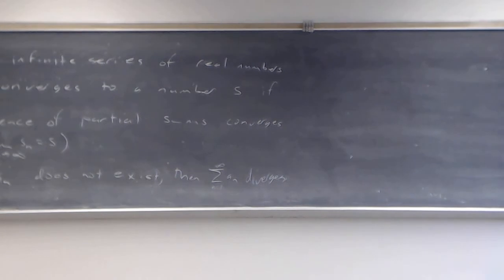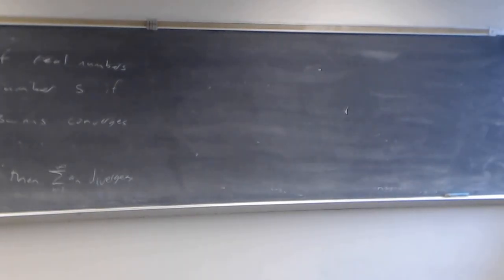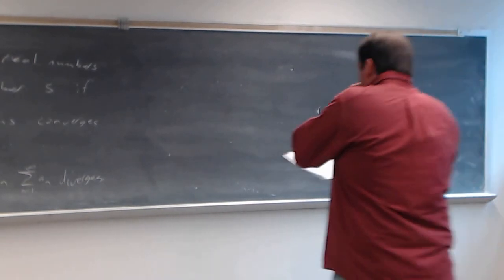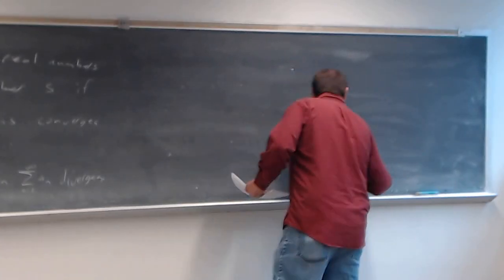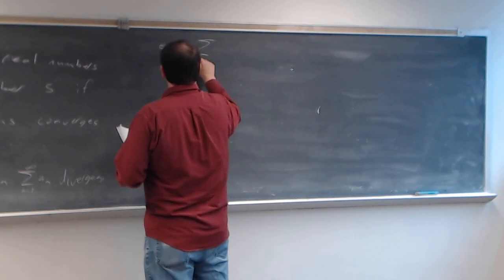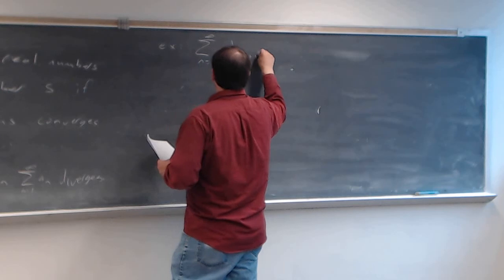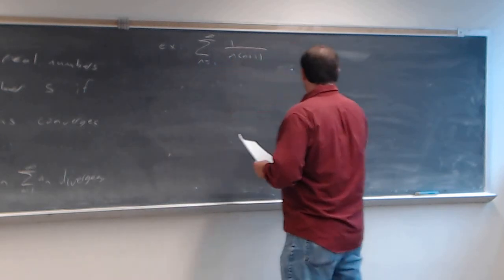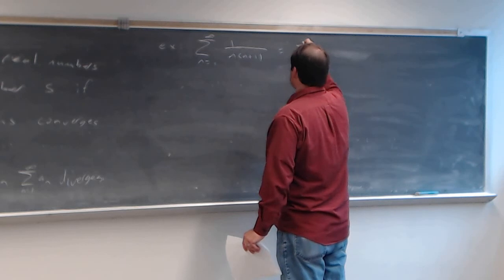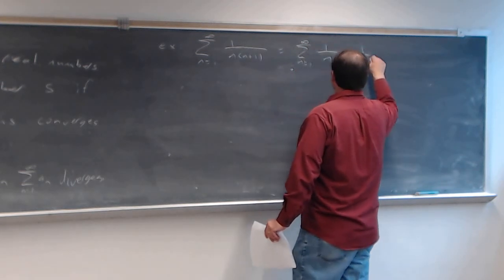I'd like to look at two examples. Okay, so our first example, we take a look at the sum as n runs from 1 to infinity of 1 over n times n plus 1. This can be rewritten as the sum of 1 over n minus 1 over n plus 1.